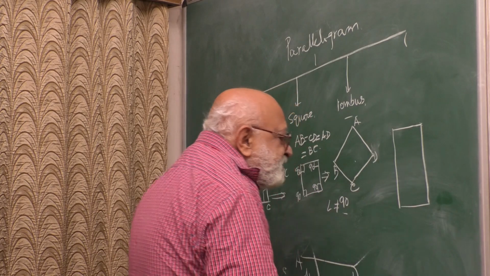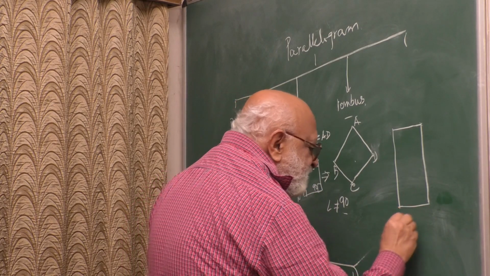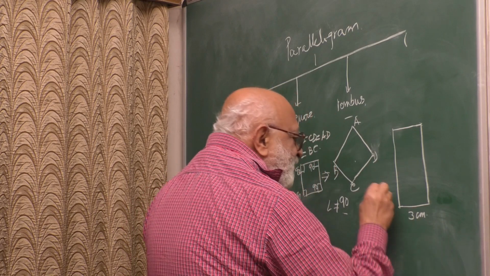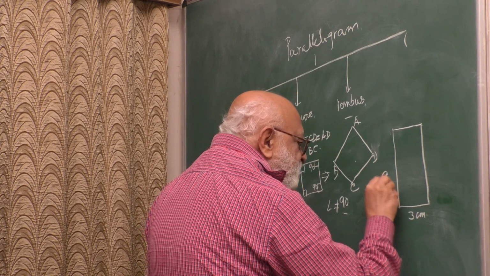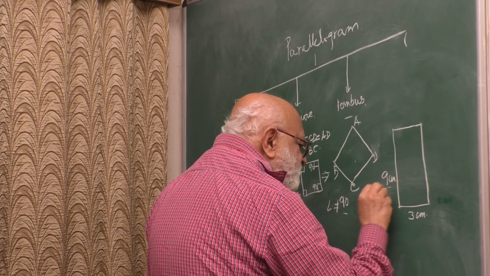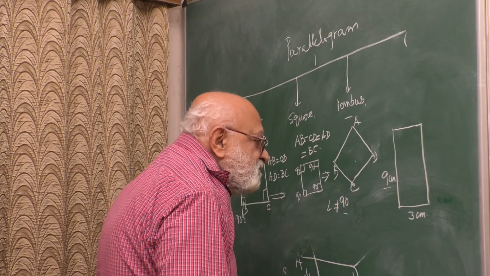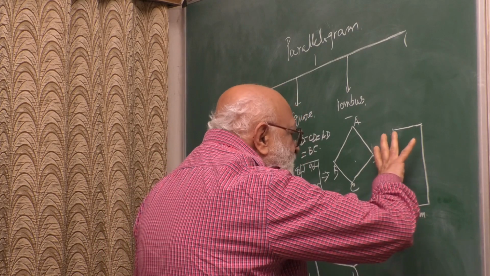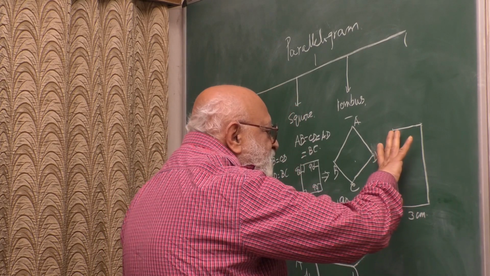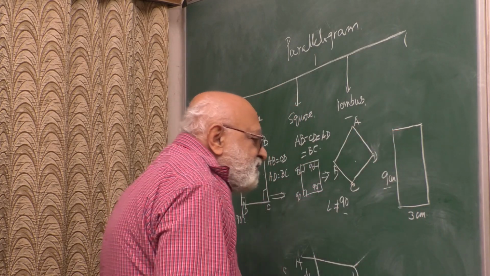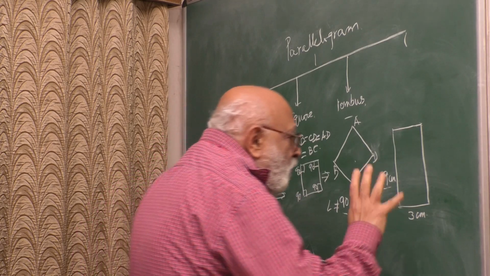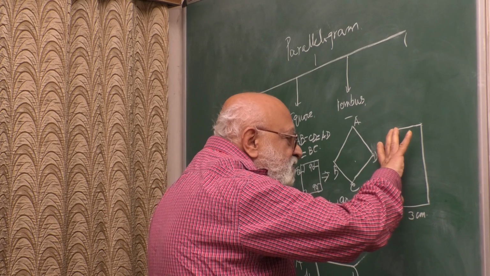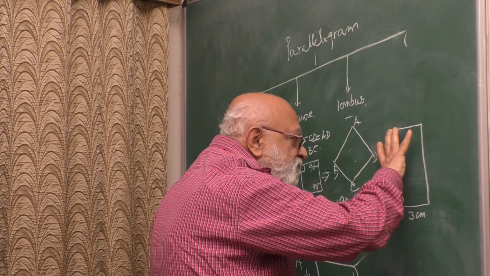And let us say this side is equal to 3 centimeters and this side is equal to 9 centimeters, or any other, you can take 8 centimeters. Let us take this distance. Now what I will do, I will take this 9 centimeters. That means the distance will be this.